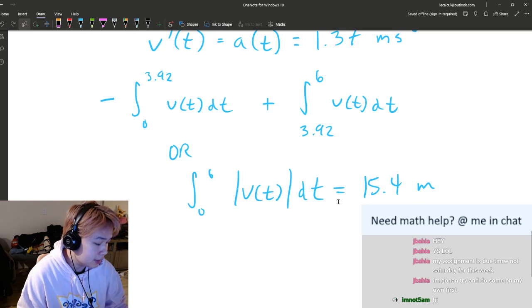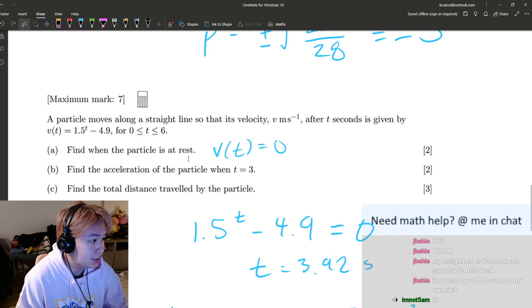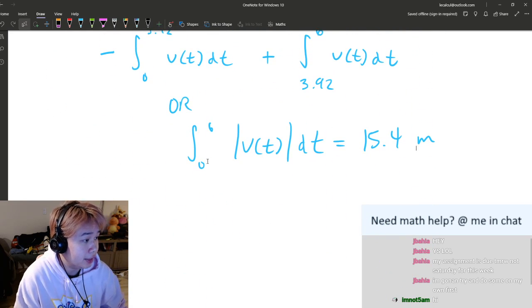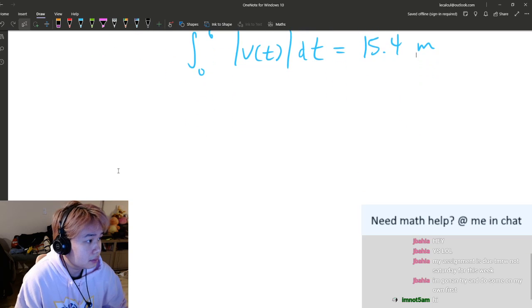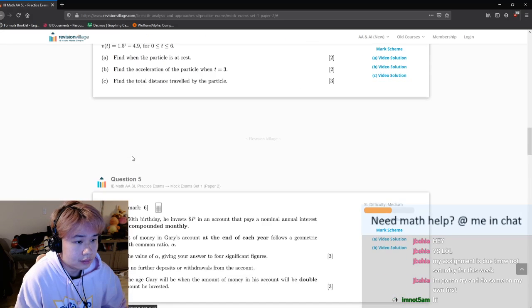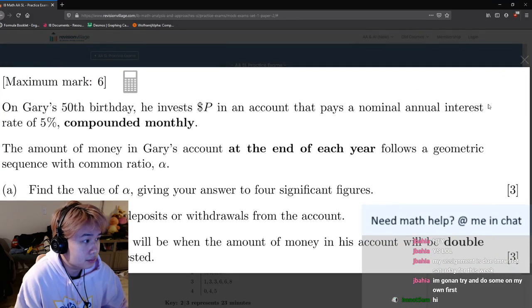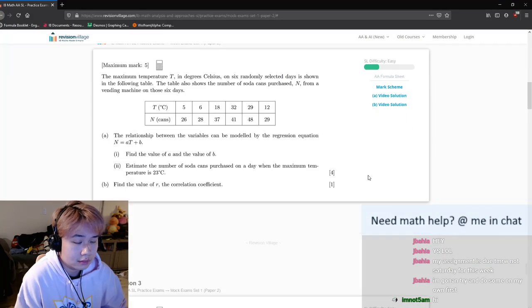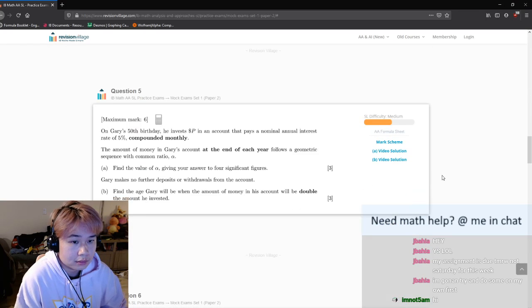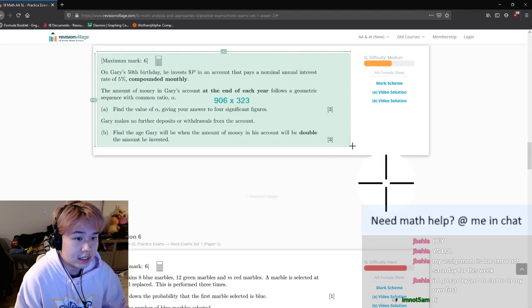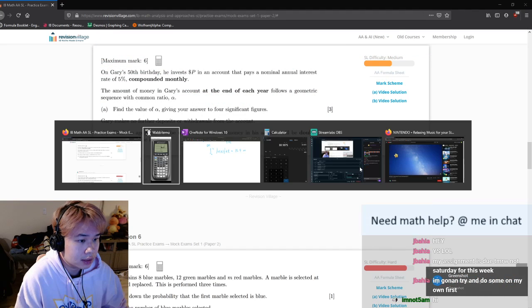And that's something you can always do whenever you're dealing with a total distance. You can just take the absolute value and integrate that instead. And then on to the next one.